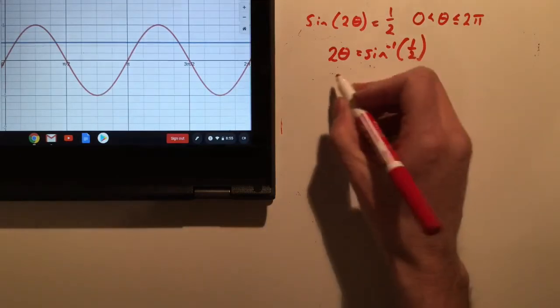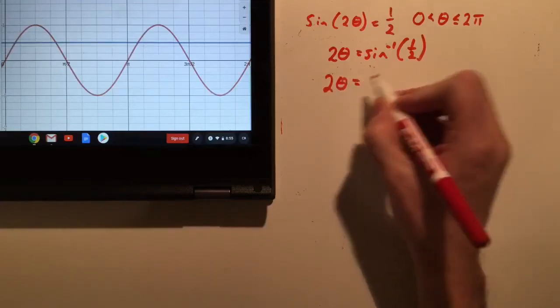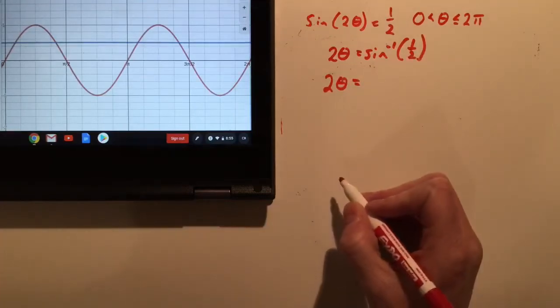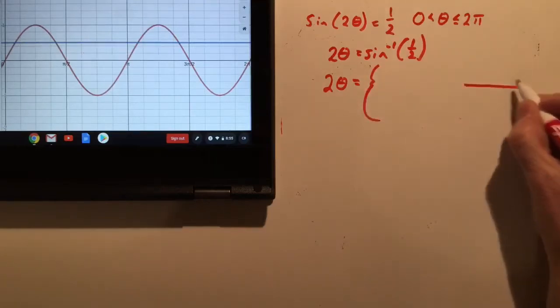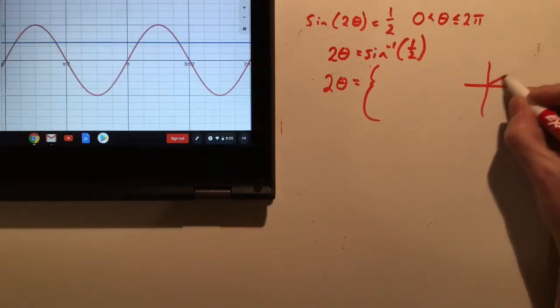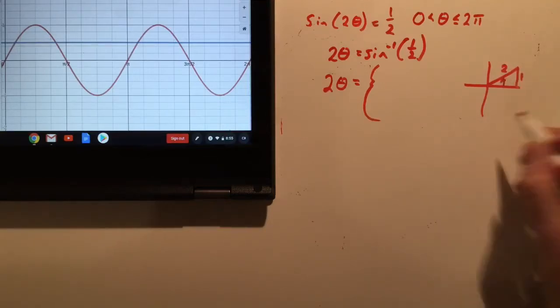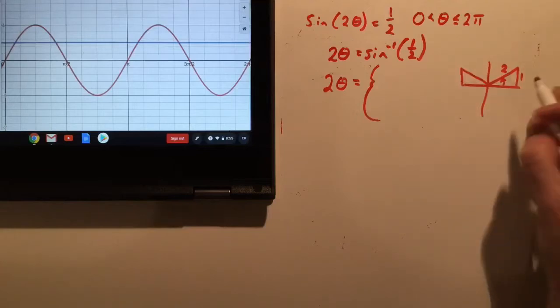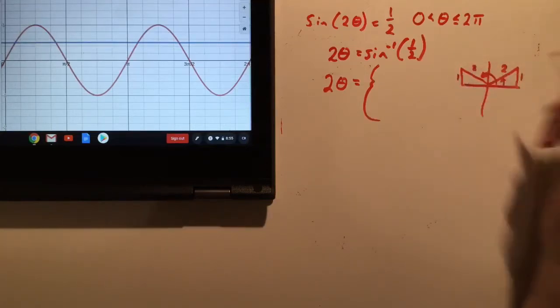Well, let's right now consider all of the possible angles, and there are an infinite number of angles whose sine is 1/2. And again, I can go back here and look at my triangle, and here's one of my triangles right here, which generates a pi/6, and here's the other second quadrant one, which generates 5 pi/6 as the angle.